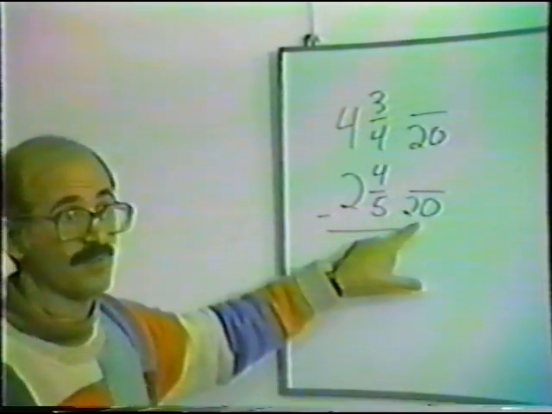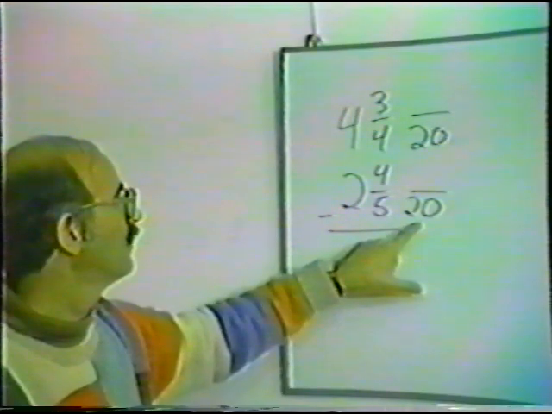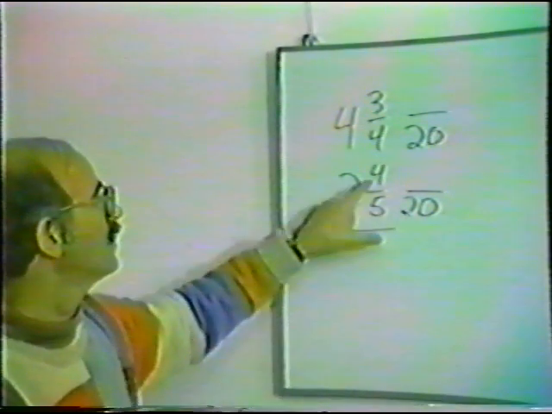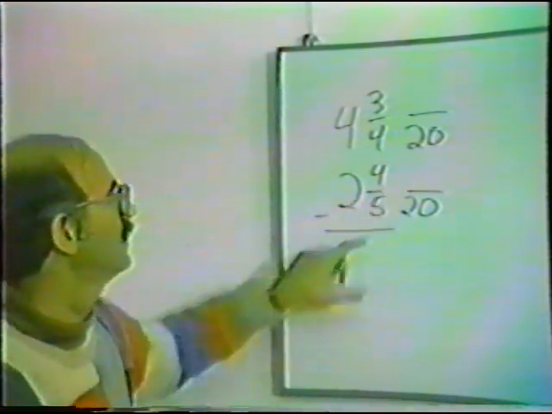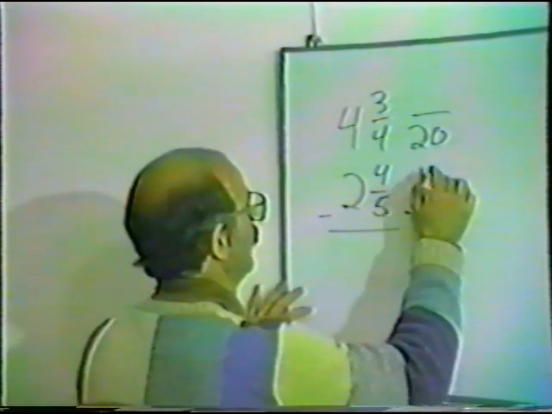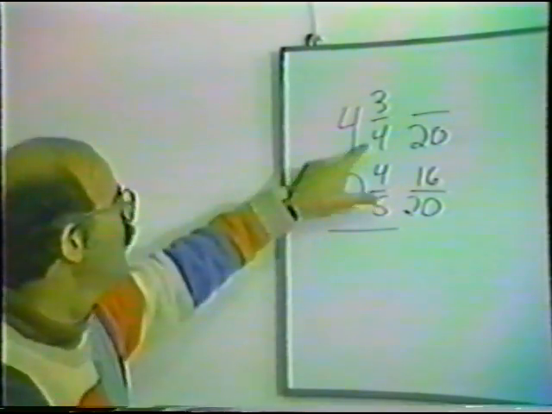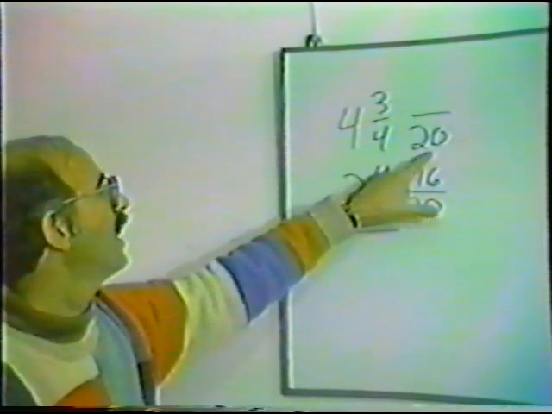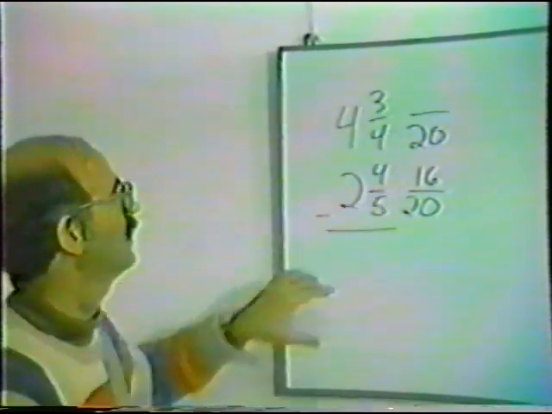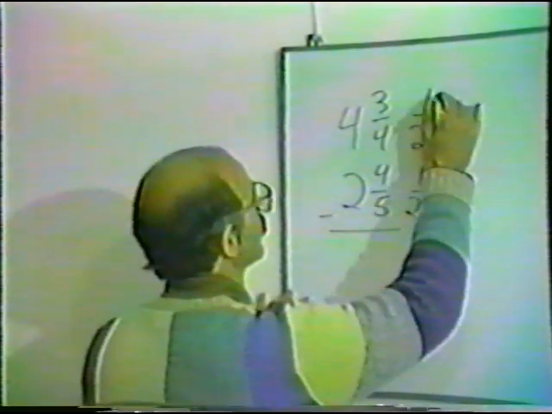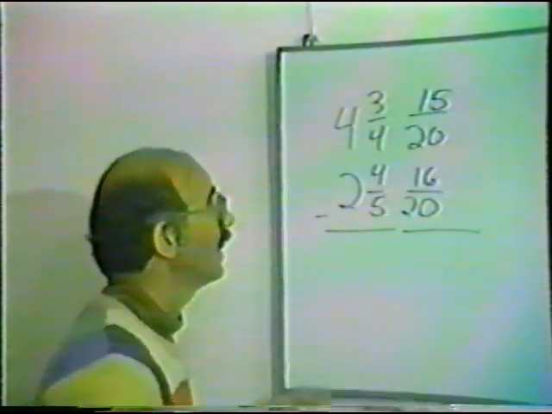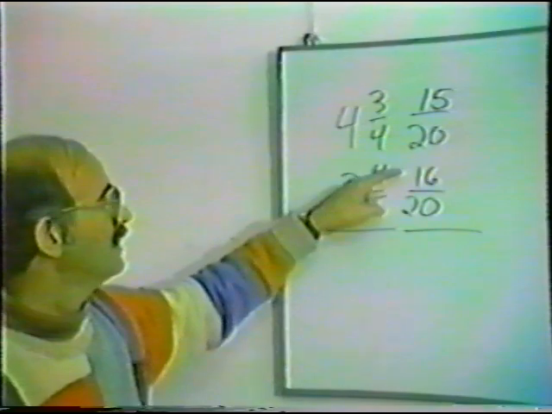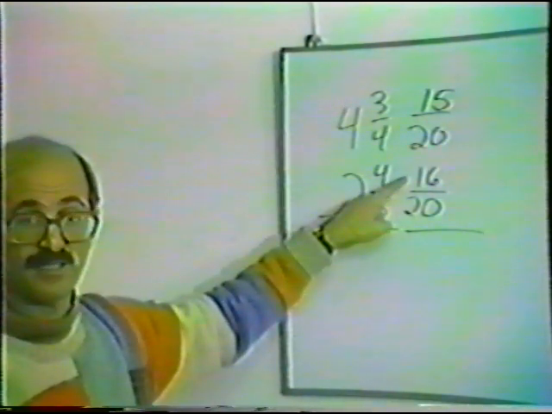5 into 20 is 4. 4 times 4 is 16. 4 into 20 is 5. 5 times 3 is 15. 15 take away 16.